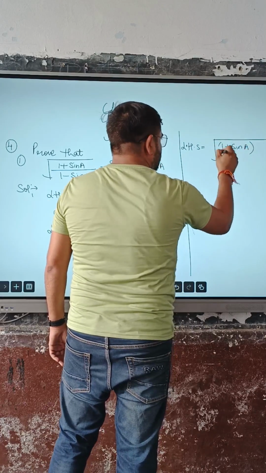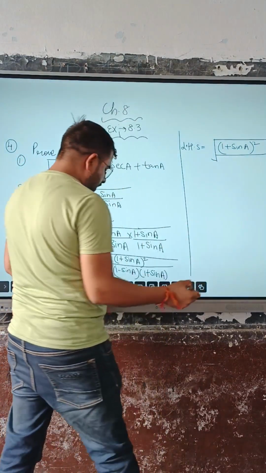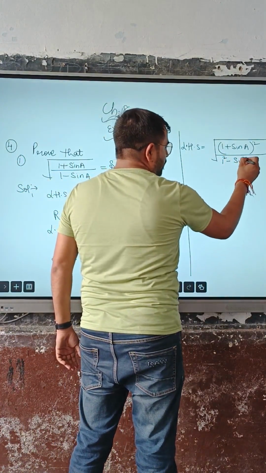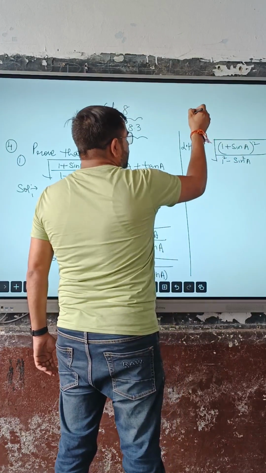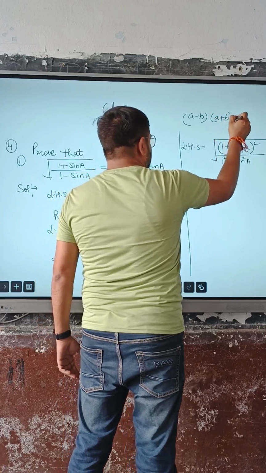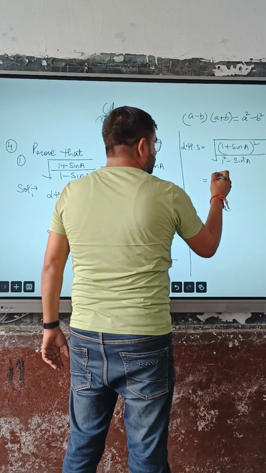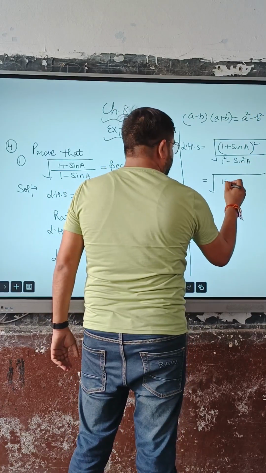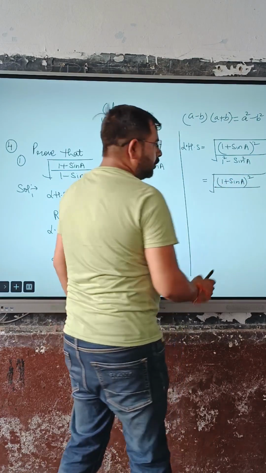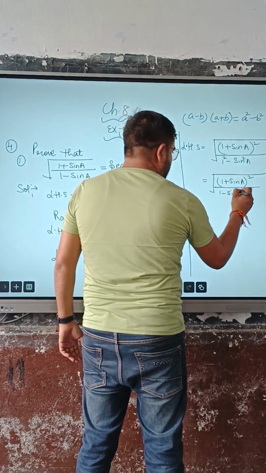So the numerator will remain the same. The denominator, 1 minus sin a times 1 plus sin a, becomes 1 square minus sin square. That is the identity a minus b into a plus b equal to a square minus b square. So 1 plus sin a whole square; square of 1 is 1, square of sin is sin square.